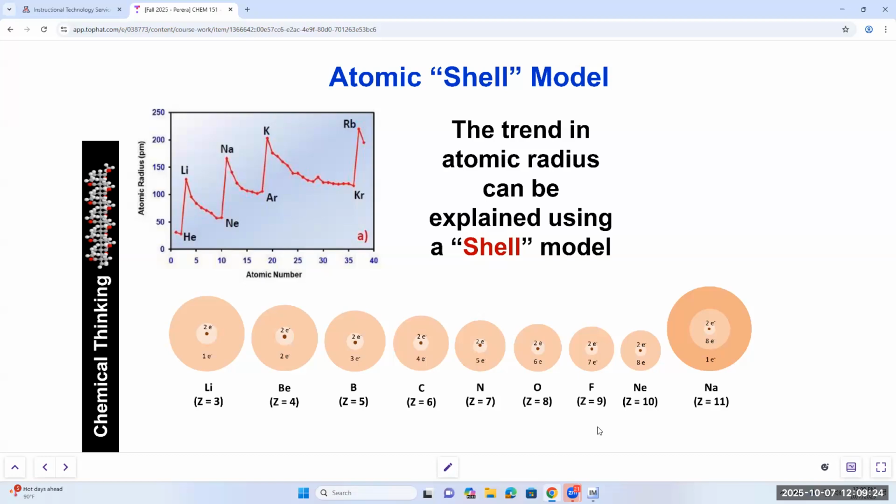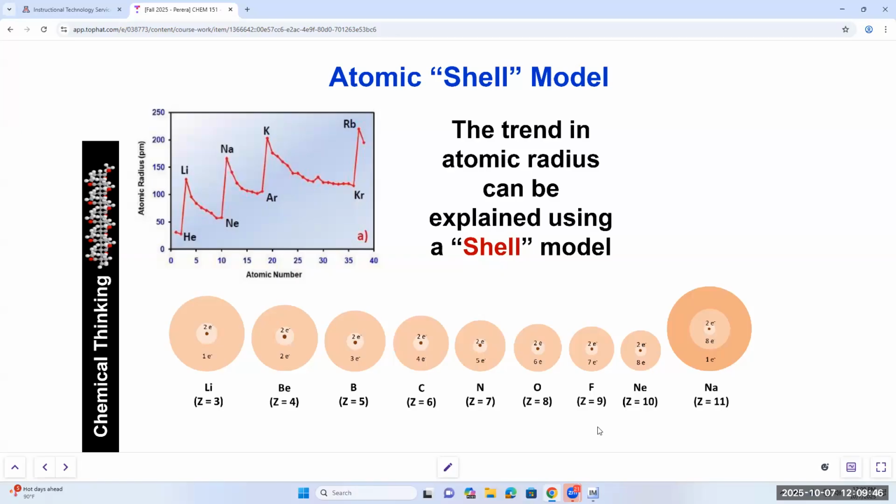Now, when you go from the 10th to the 11th electron, that 11th electron is not filled to the same shell, because if it did, it should be the smallest. Instead, you can see that sodium is much larger than any of the other atoms here. The reason is the 11th electron is filled to a new shell, the third shell, which is larger than the previous shell.